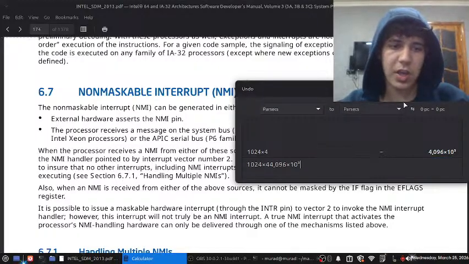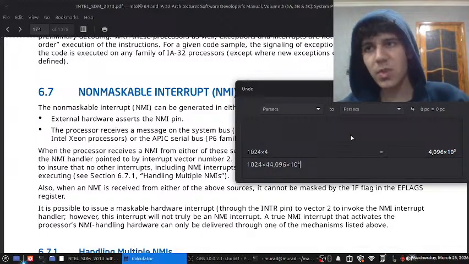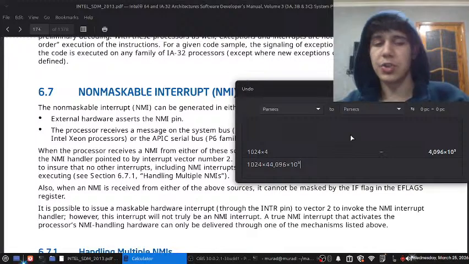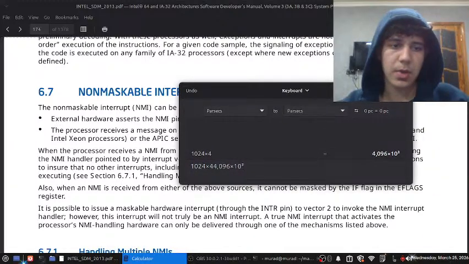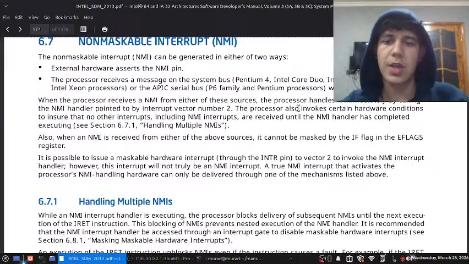The 4 gigabyte is the maximum level of address you can reach in x86 32-bit mode.